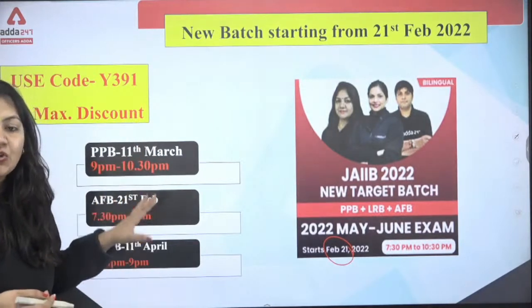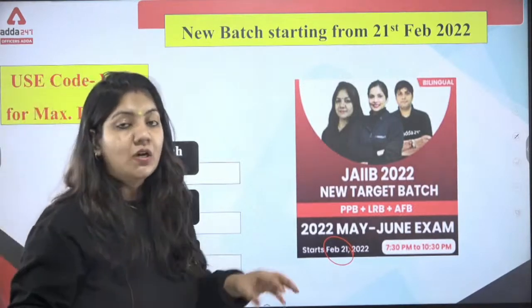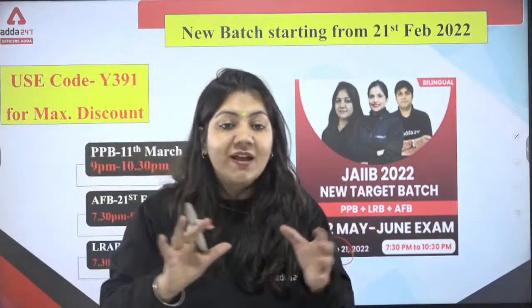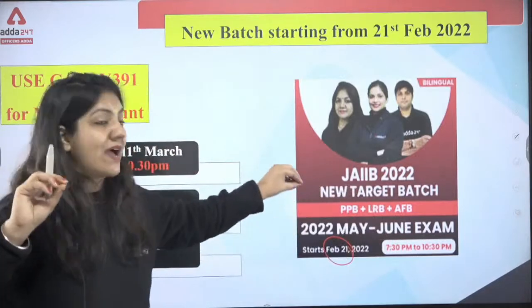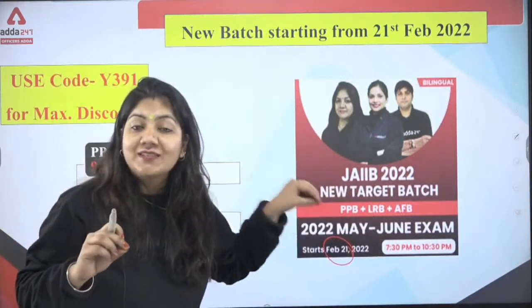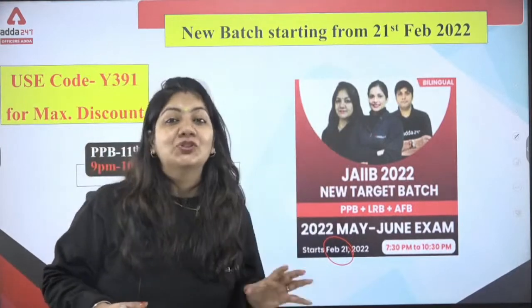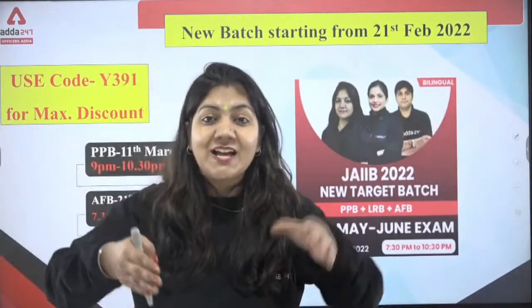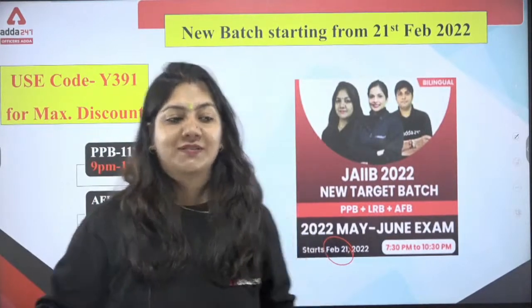Within 3 months your whole syllabus will be finished, so that you can easily revise and do the mock papers. Just make a target that you have to revise and crack the JAIIB this year. Why am I saying this? Because in 2023, new subjects are coming in the JAIIB exam. So please be focused.